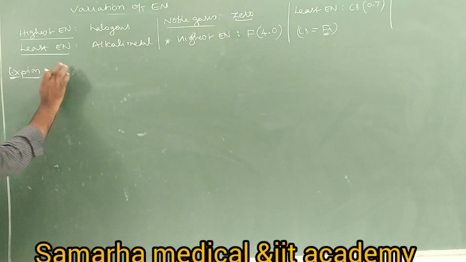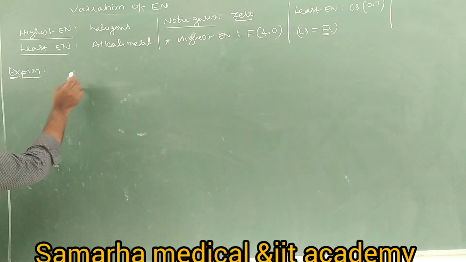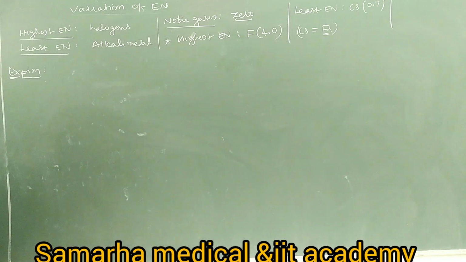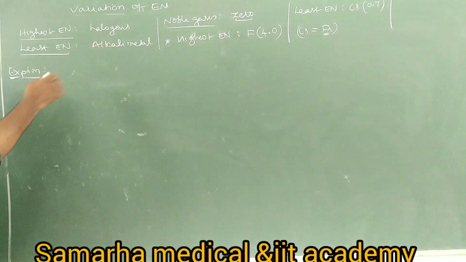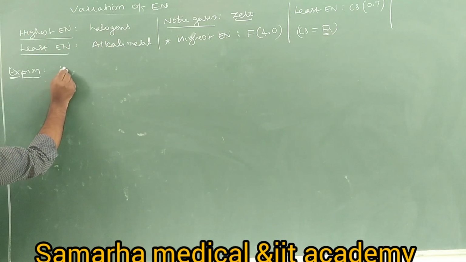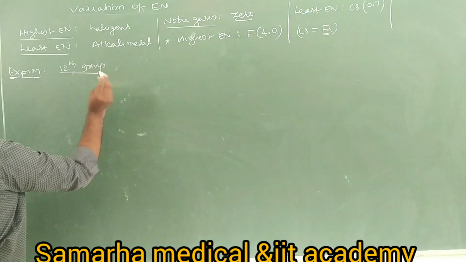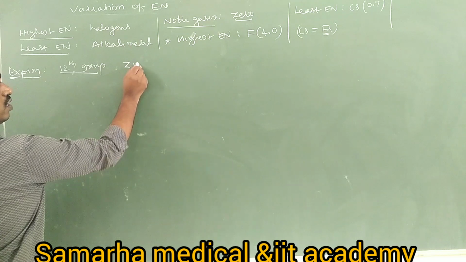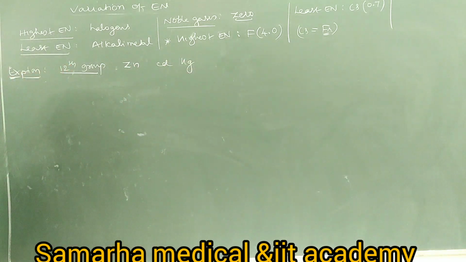It is left to right increases, down the group decreases. The first exception is in the 12th group: zinc, cadmium, mercury.